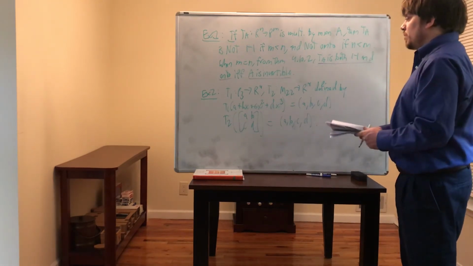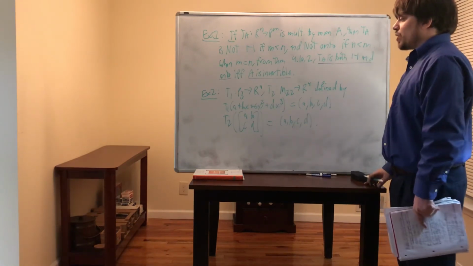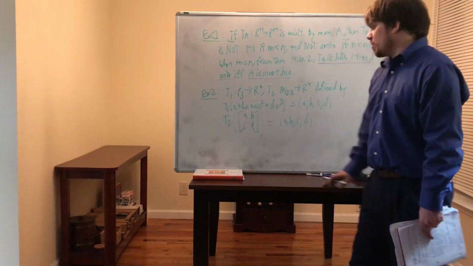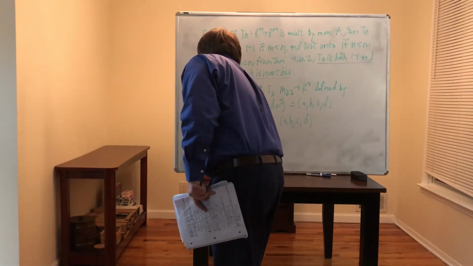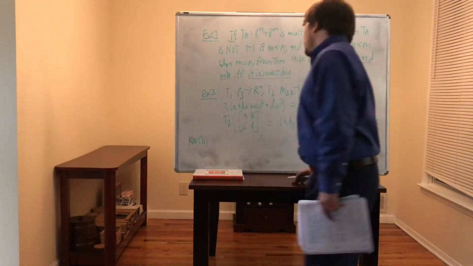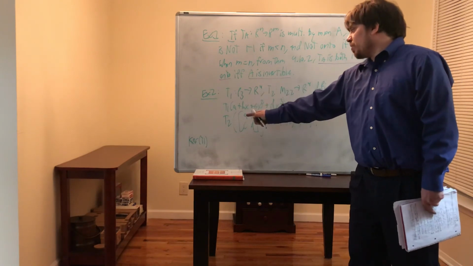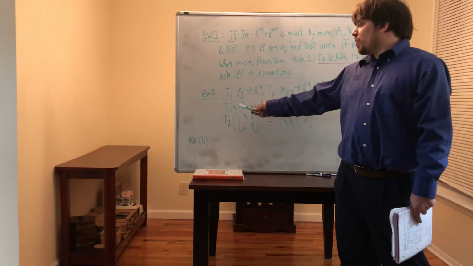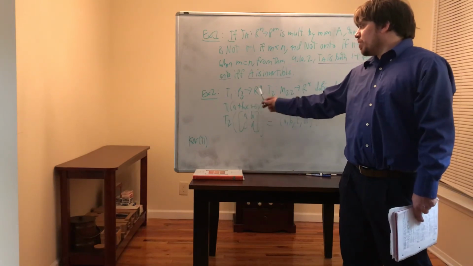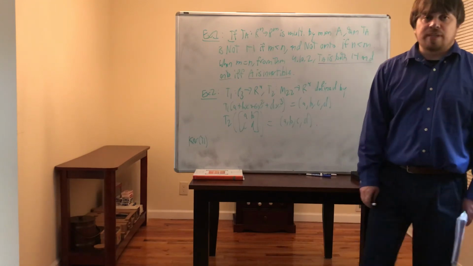Okay? Now, you could ask the question, what is the kernel of each of these T's? What is the kernel of T sub 1 and what is the kernel of T sub 2? Well, the kernel of T sub 1 is the set of all vectors in P sub 3 that get mapped to 0 by this definition of T sub 1. Vectors in P sub 3 are polynomials of degree at most 3.